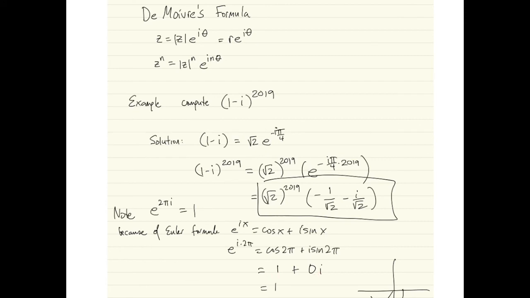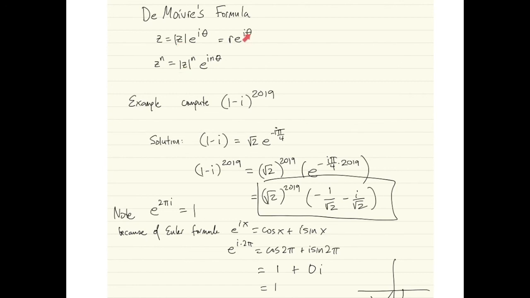Okay, let me go up here to de Moivre's formula, and this is a simple consequence of something we've seen previously, that z is equal to r e to the i theta, or absolute value of z times e to the i theta. And de Moivre's formula is just simply taking this equation and raising it to the nth power. So the absolute value of z, or the norm of z, is raised to the nth power.